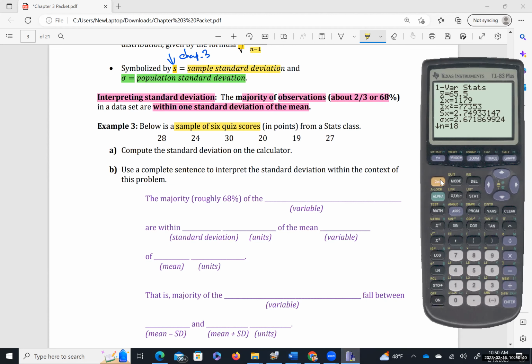So I'm going to clear everything and click on start. I need to enter or edit the input. So 28, 24, 30, 20, 19, 27, right? And you saw that I still have some old data values from another example. I need to delete them, so delete everything. Okay, you're done.